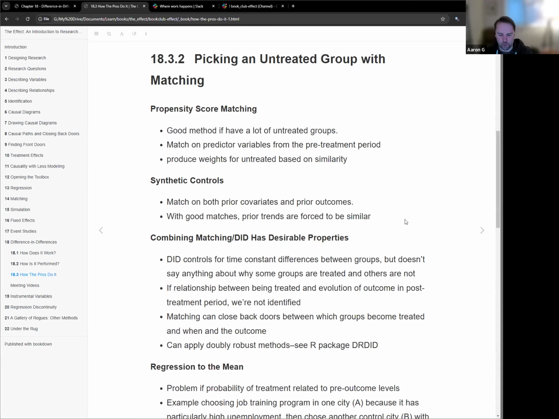Either selecting only groups that are good matches to your treated group, or maybe using all of your untreated data but just weighting it based on similarity with the treated population. And what you would do here is you would match on predictor variables prior to treatment. So that's a big call out there. You wouldn't want to match post treatment.